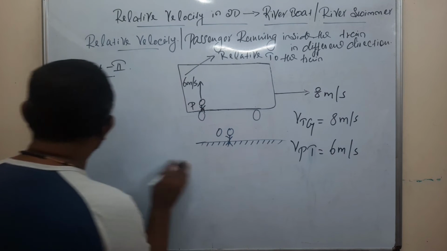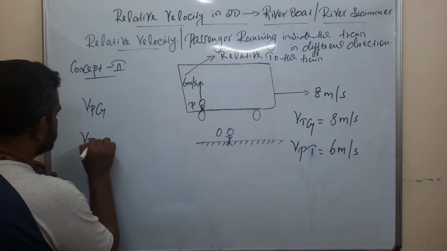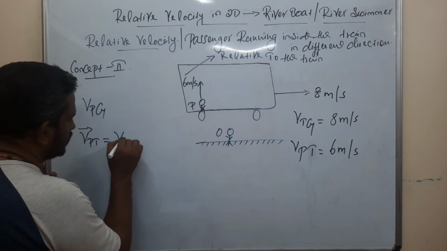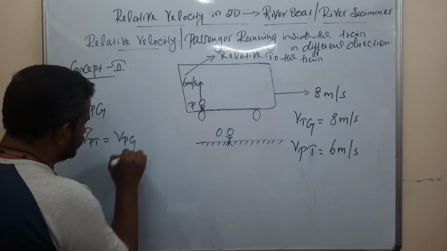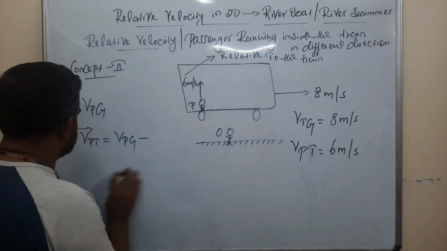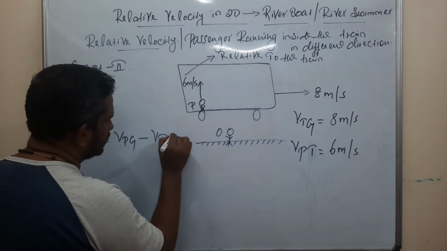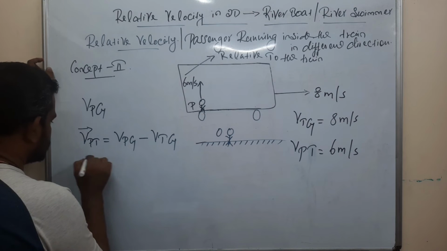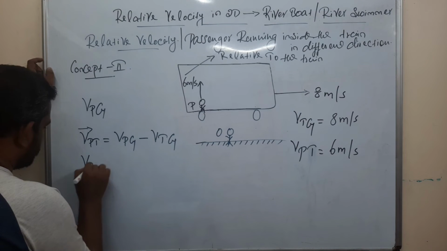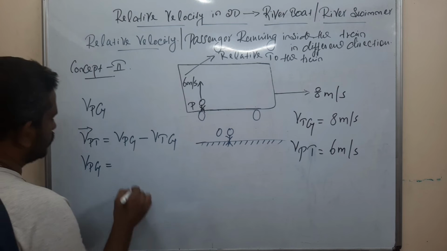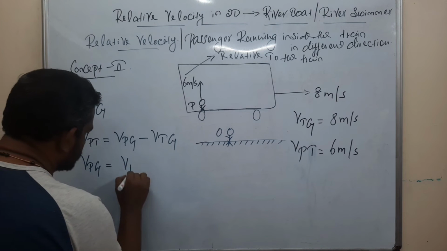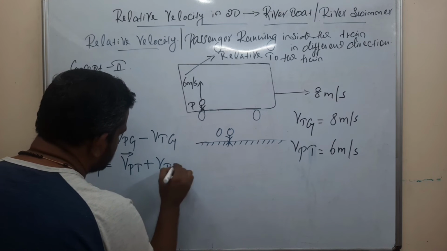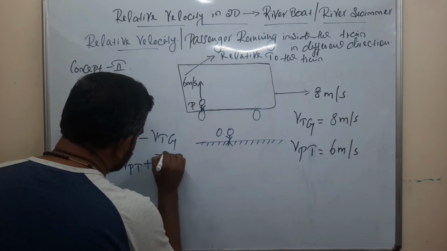Velocity of the passenger with respect to the train, relative velocity formula, is equal to velocity of the passenger with respect to the ground minus velocity of the train with respect to the ground. So from this, velocity of the passenger with respect to ground is equal to velocity of the passenger with respect to the train plus velocity of the train with respect to the ground.